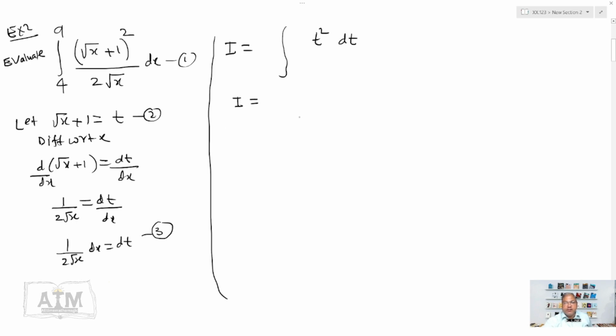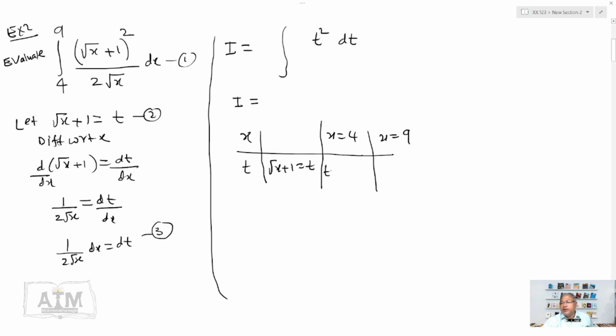So how to decide the limits here? Here we are having x and t values, and here we are having root x plus 1 equals t, and x equals 4, and x equals 9.